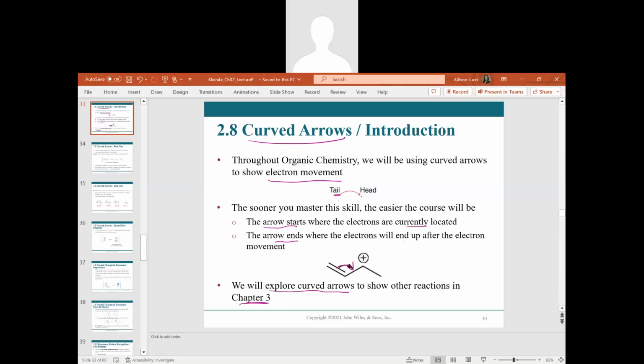If you recall, acids and bases can be defined multiple ways: as Arrhenius acids with H plus and OH negative, then as Bronsted-Lowry when we talk about proton donors or acceptors, and then Lewis acids and bases, as electron acceptors or electron donors. With this type of acid or base, we're going to have to move some electrons.